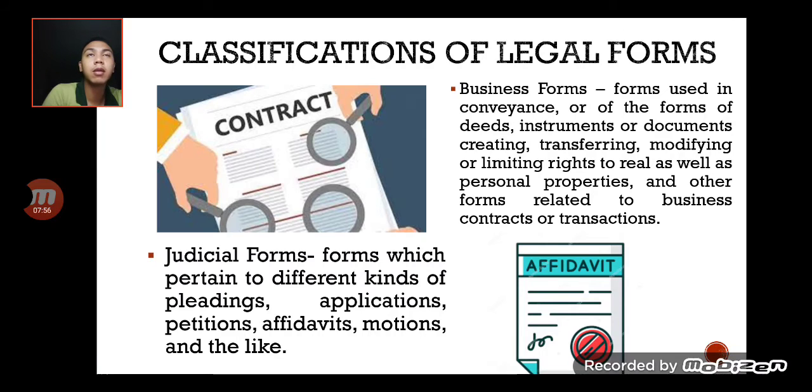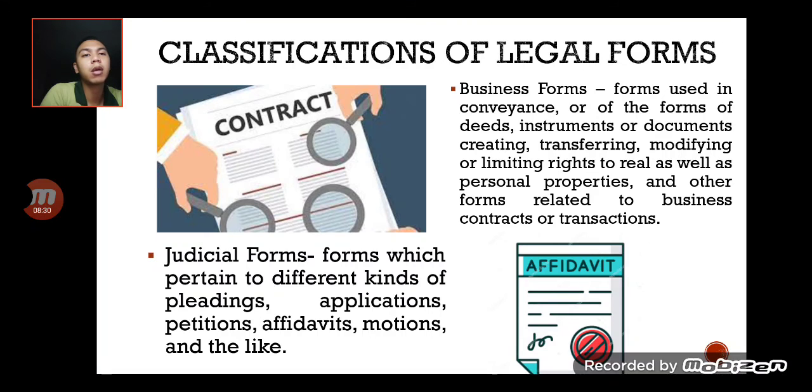You will receive money in exchange of your services, or in dealings. You will receive goods in exchange of money pag mopalit ka sa mga real estate, mga motorcycles, vehicles. It requires mga deed of sale. So those are under the business forms.